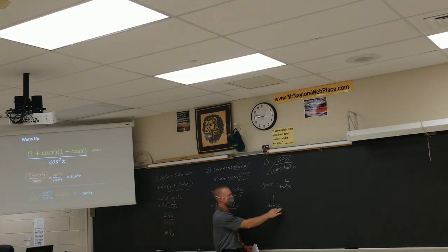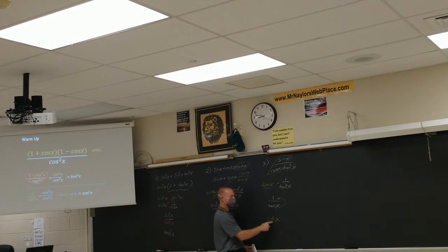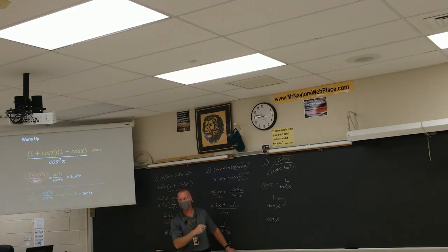Now if you flip tangent to the top, it'll turn into its reciprocal, or 1 over tangent is already cotangent. Again, you can think to yourself, flip it to the top and change it into cotangent, or you can just think 1 over tangent is equal to cotangent.